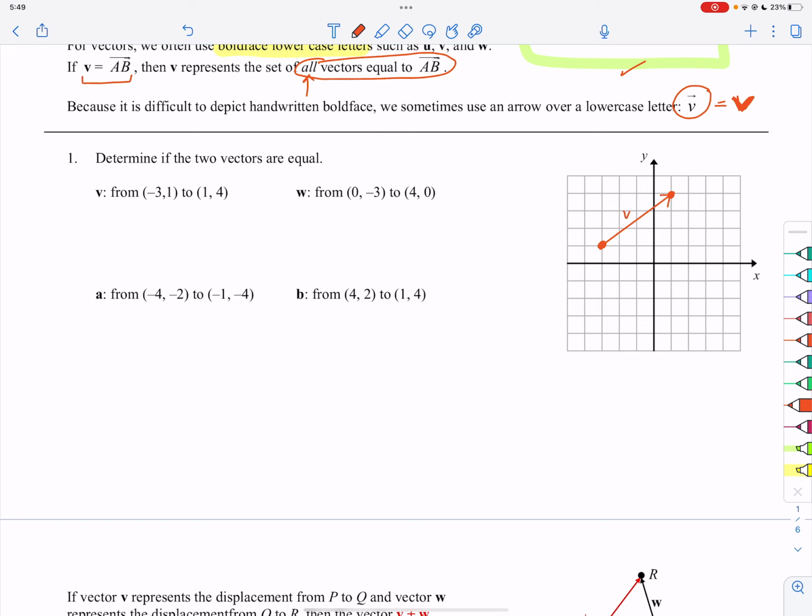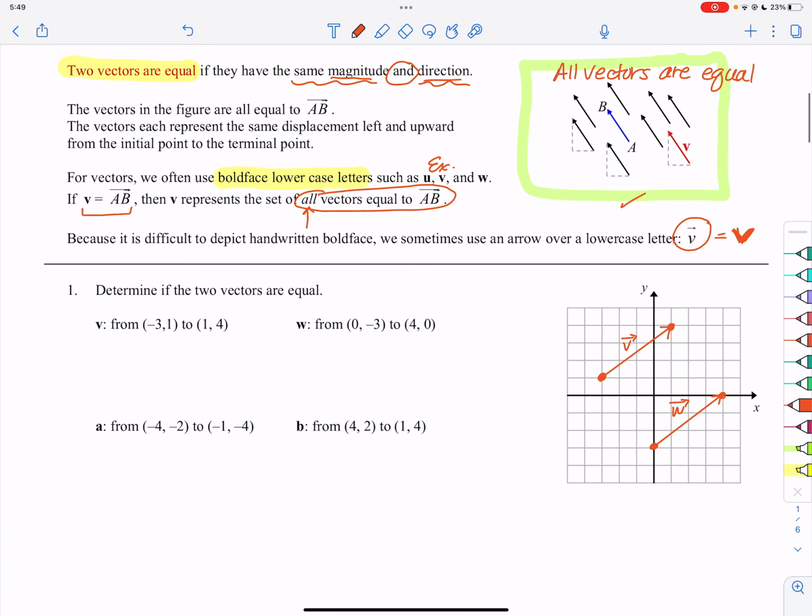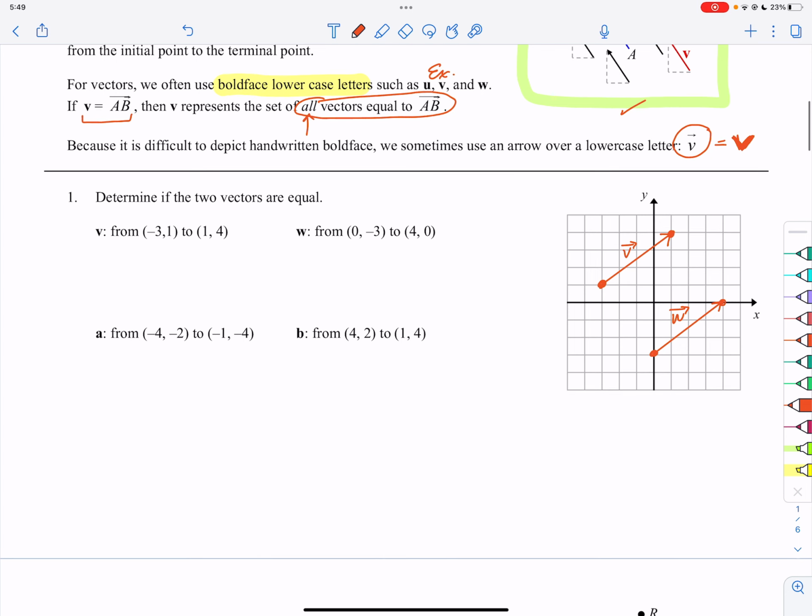And that's vector V. And then W is from 0, negative 3, to 4, 0. And what do you notice? Vector W and vector V have the same magnitude and the same direction.